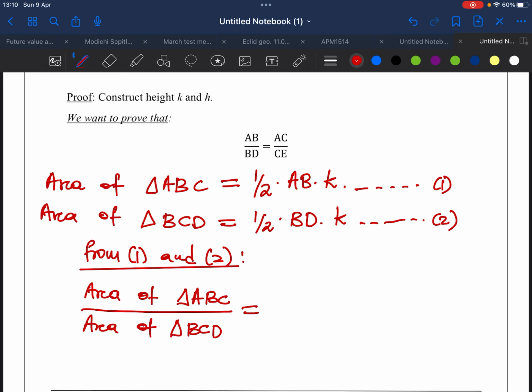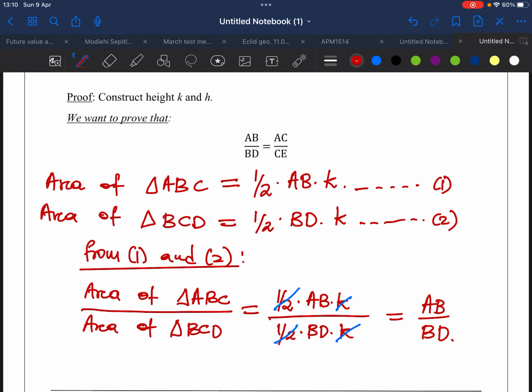This is equivalent to 1 over 2 times AB times K divided by 1 over 2 times BD times K. So as this is clear, we see that this and that, they go away. So I'll just have AB over BD there.